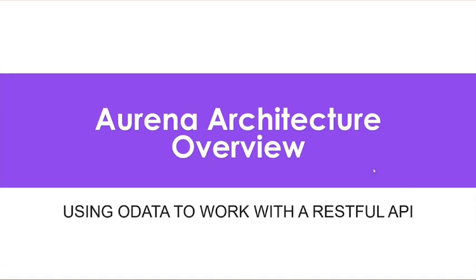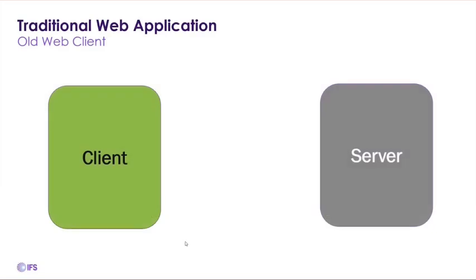Let's first have a look at this diagram, where we discuss the traditional web applications that we provided in earlier versions of IFS applications. For example, in IFS applications 8, 7, and even in very early versions of apps 10, we had the so-called traditional web application or traditional web client.